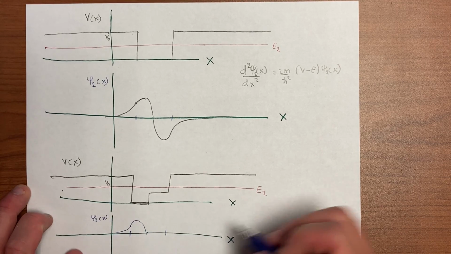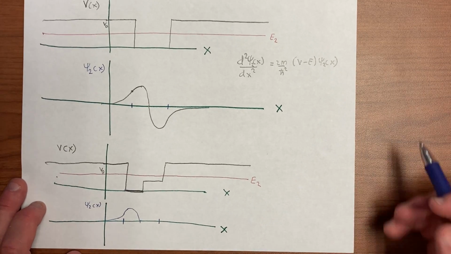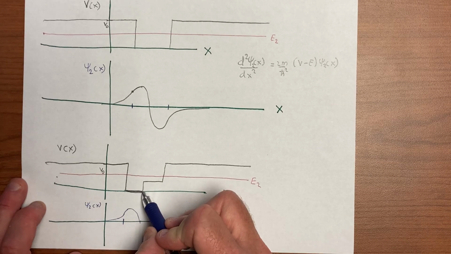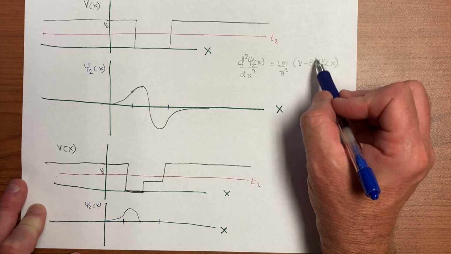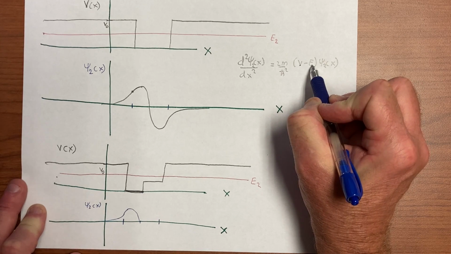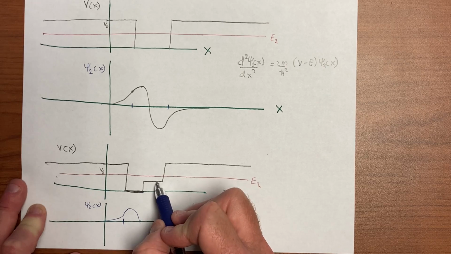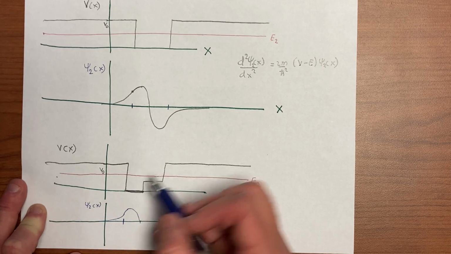Here we'll come down through 0, but then the Schrodinger equation tells us that as soon as we cross this point, it says bend in such a way that V minus E is now this difference, and that's smaller than it was here. Right?